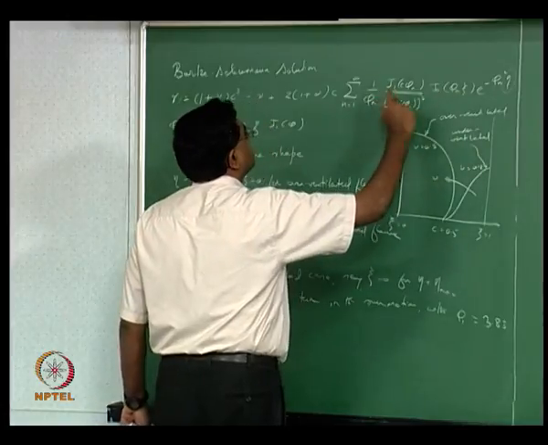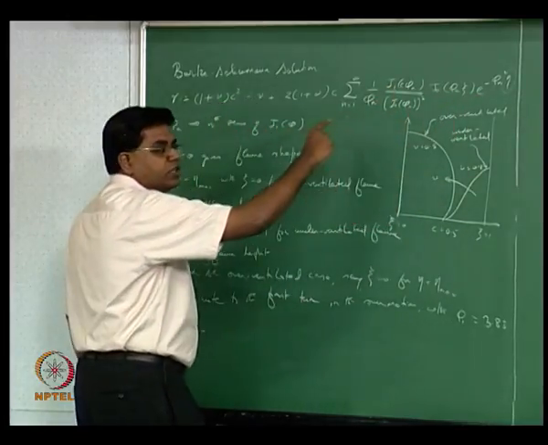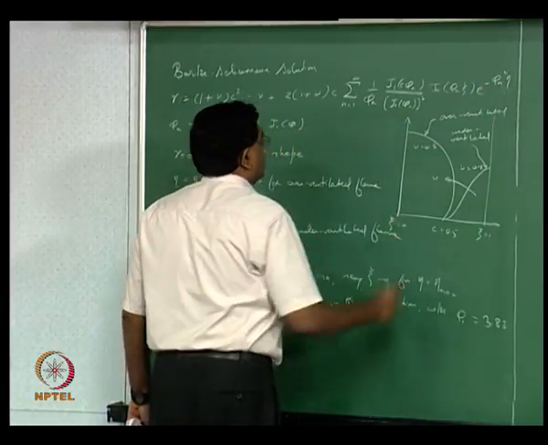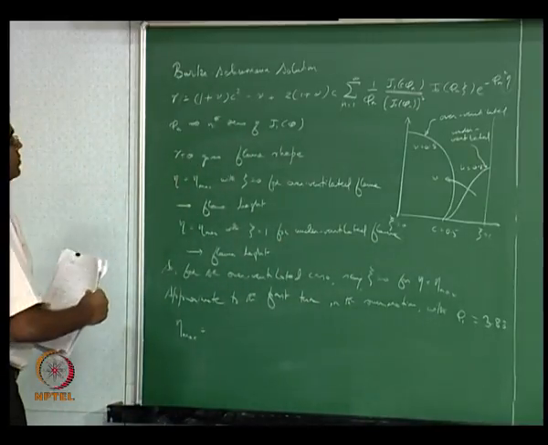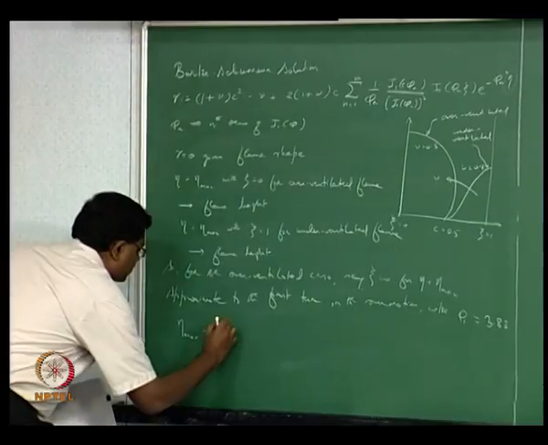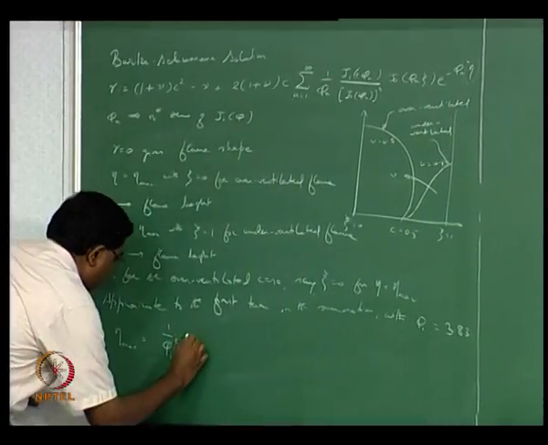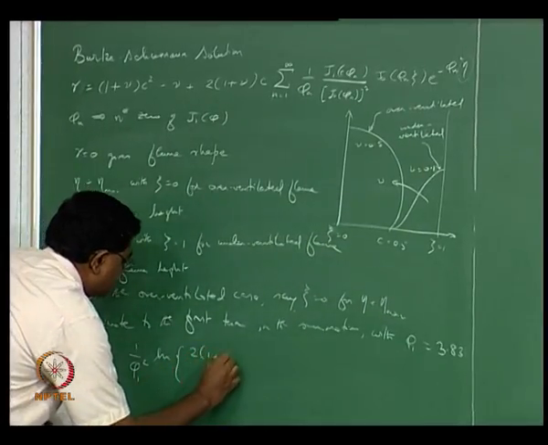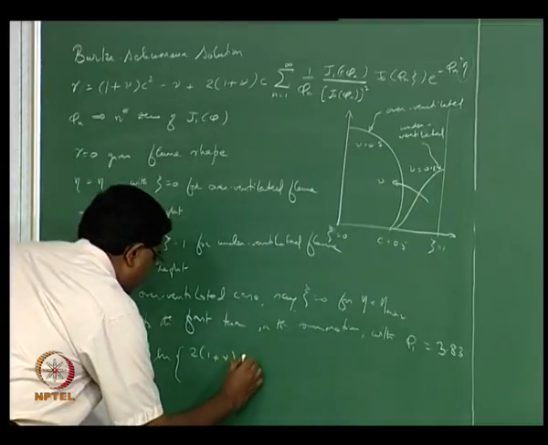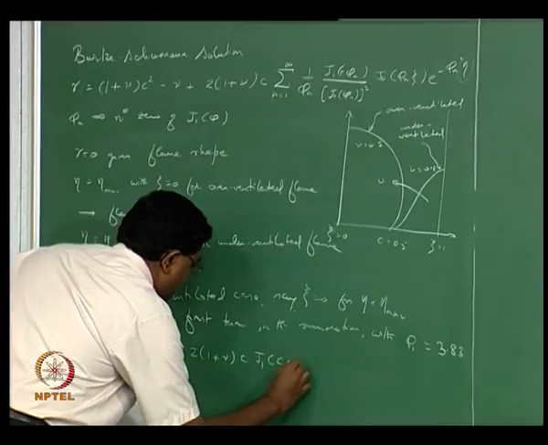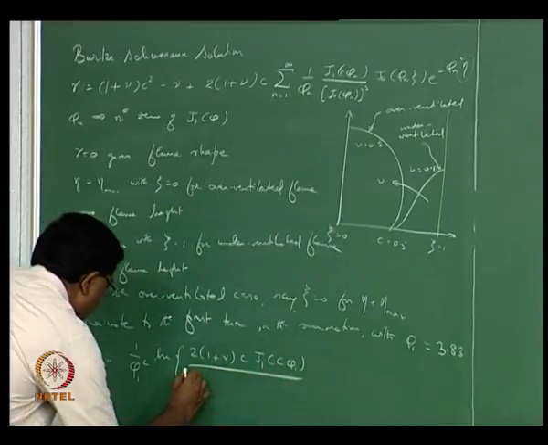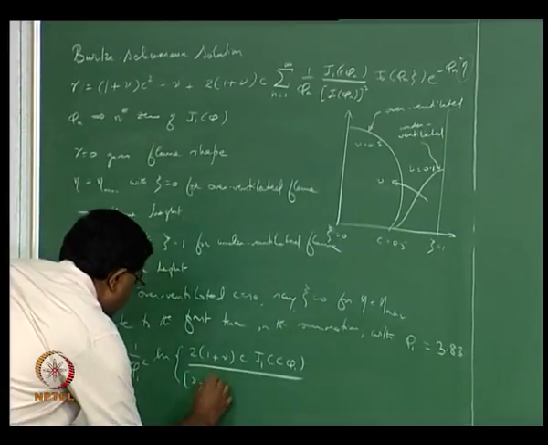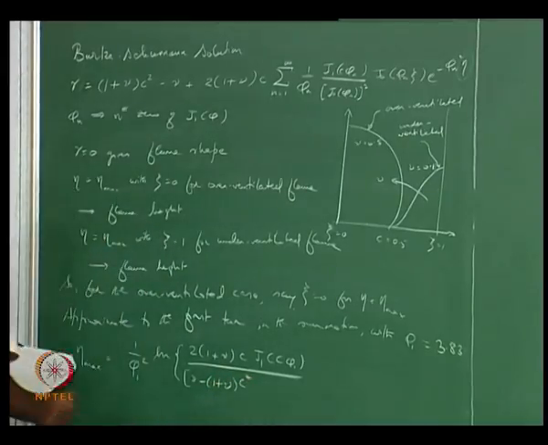So if you now want to flip everything and take a natural logarithm, then you will get phi n squared eta, eta equals eta max, and therefore if you now get the phi n squared also to the denominator on the other side, you will get it as 1 over phi 1 squared natural logarithm of twice 1 plus nu times c J1 of c phi 1 divided by nu minus 1 plus nu c squared.